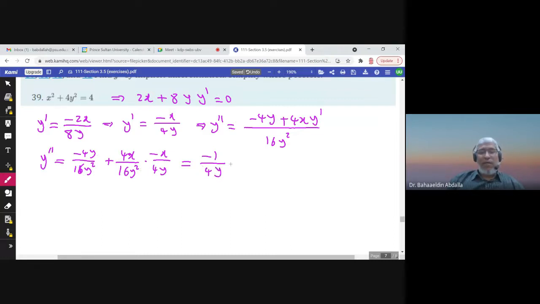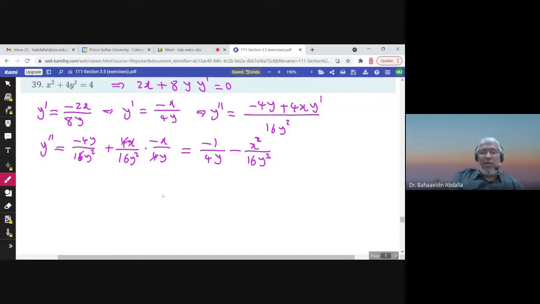And here I have negative 4 over 16, oh, this 4 cancels with this 4. So I have negative x times x over 16y to the power 3, negative x squared over 16y cubed. And I can leave it like this. This is y double prime.